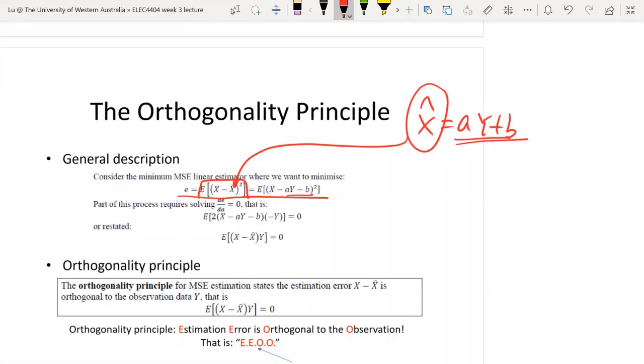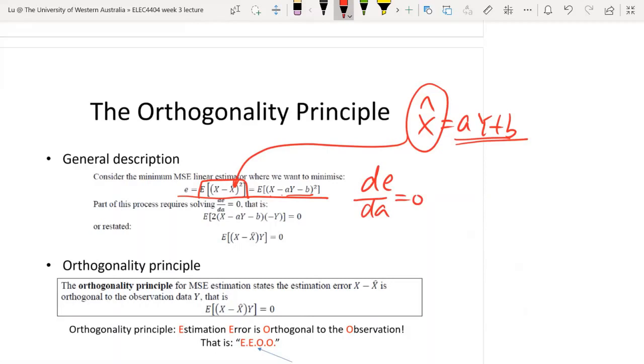Okay, and then what we are going to do is to minimize this mean square error. So by minimizing it, we want the derivative of this mean square error to be 0. So we want dE over dA to be 0. Of course, we have the B issue, but for this topic, we focus on A temporarily.